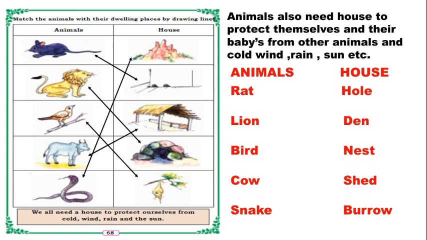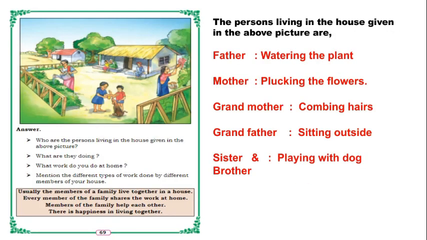First picture, a rat is there, rat with hole, lion with den, bird with nest, cow with shed, and snake with burrow, a hole, we can say. So these are the animals and their houses. These are the names of animals' houses.